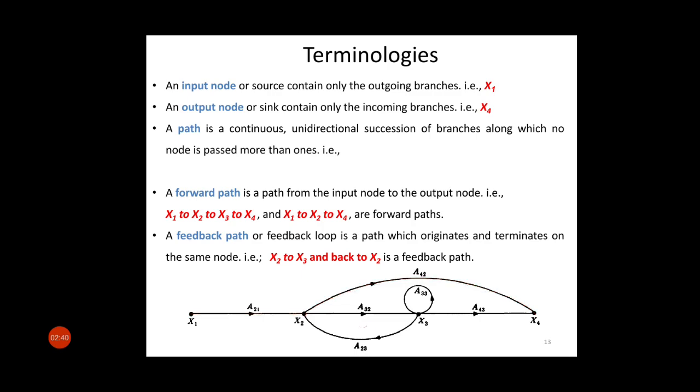Now we'll see what a feedback path is. A feedback path or feedback loop is a path which originates and terminates on the same node, that is this highlighted path, x2 to x3 and back to x2 again. So this is a feedback path.